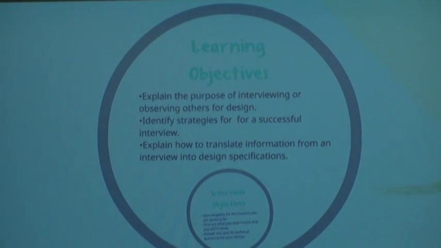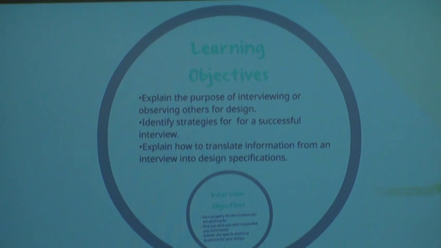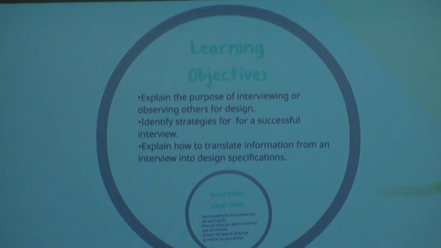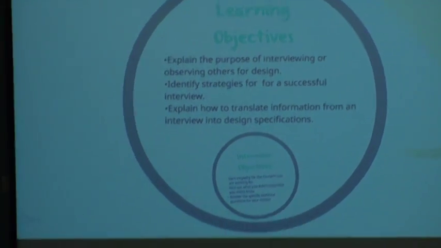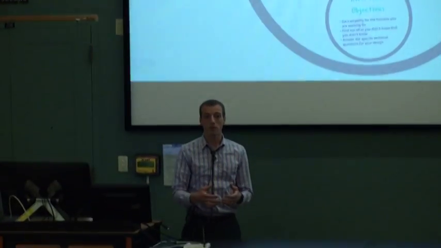Today we took the Indiana School for the Blind and Visually Impaired down to that namesake school, and they talk to the students, they talk to the teachers, and they try to understand what their life is like. That's what we're about. And then we'll talk a little bit about, once you've gone and talked to someone about what they need, what they like, what they dislike, how do you turn that into user needs and specifications that you can actually use in your project?